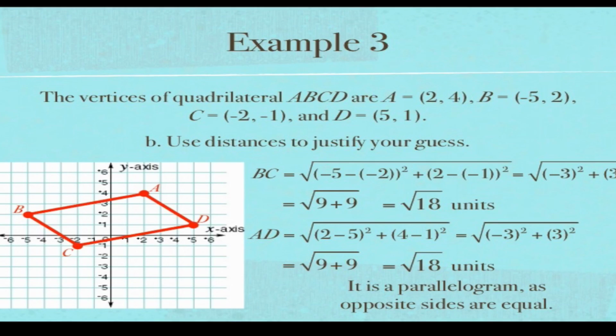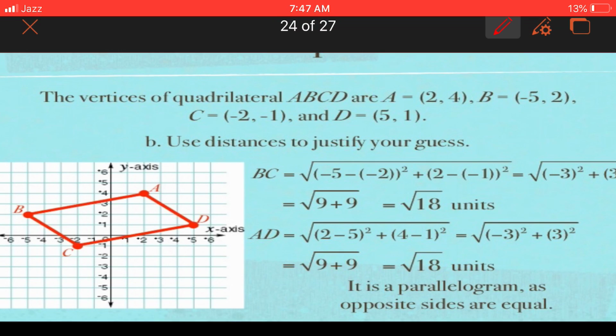Similarly we will find the distance between the remaining two sides, that is AD and BC. For AD we use the coordinates of A and D, put them in the distance formula and calculate the distance, which is root 18 units. Similarly we did BC by taking the values of B and C and putting them in the formula.